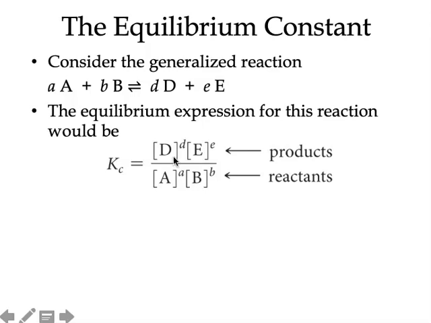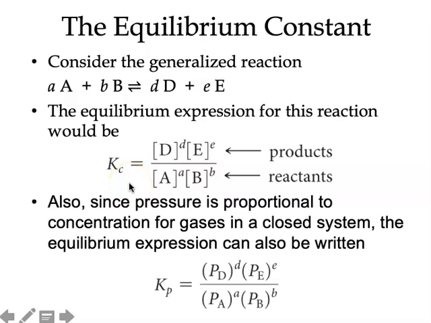So the equilibrium expression is the concentration of D raised to whatever the coefficient is out here, that little small d, times the concentration of E raised to its coefficient, over the product of the concentration of A to its a power and B to its b power. And that is a K sub C.